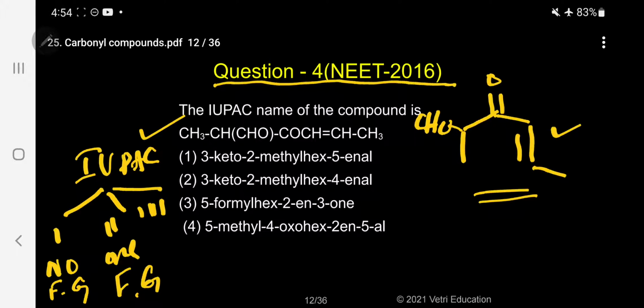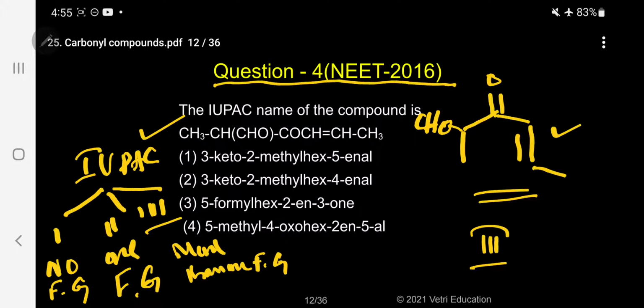So you must first memorize these prefixes and suffixes for functional groups. Now we go for type 3, more than one functional group.